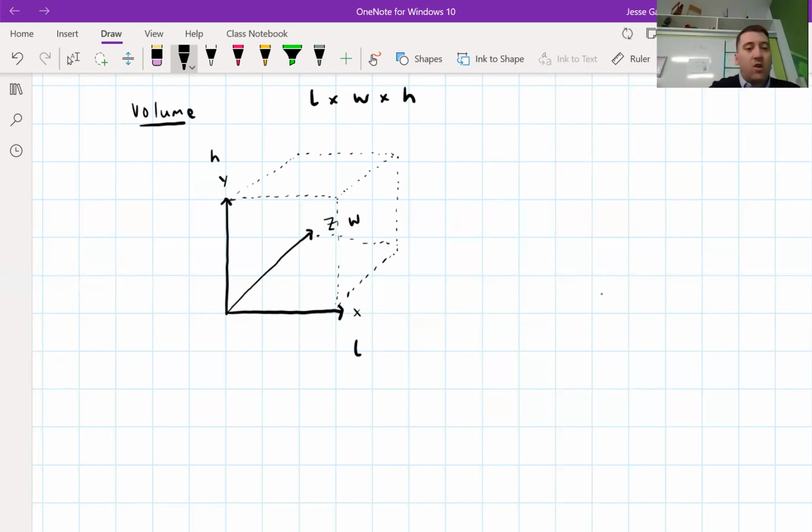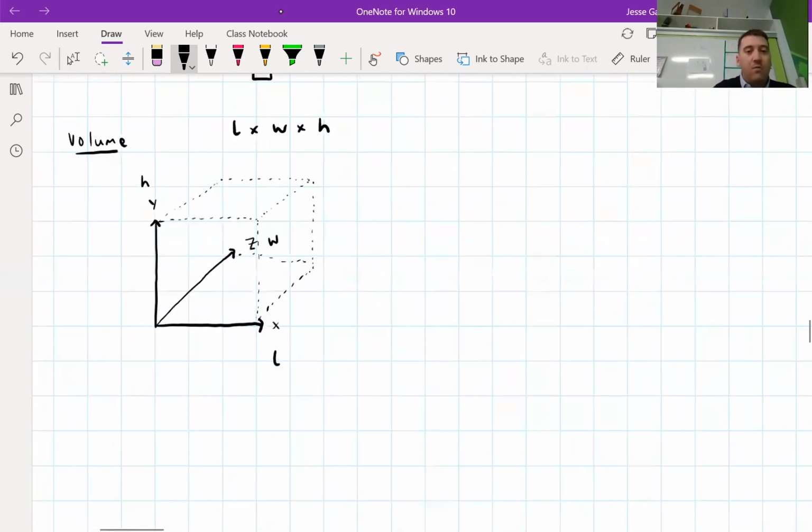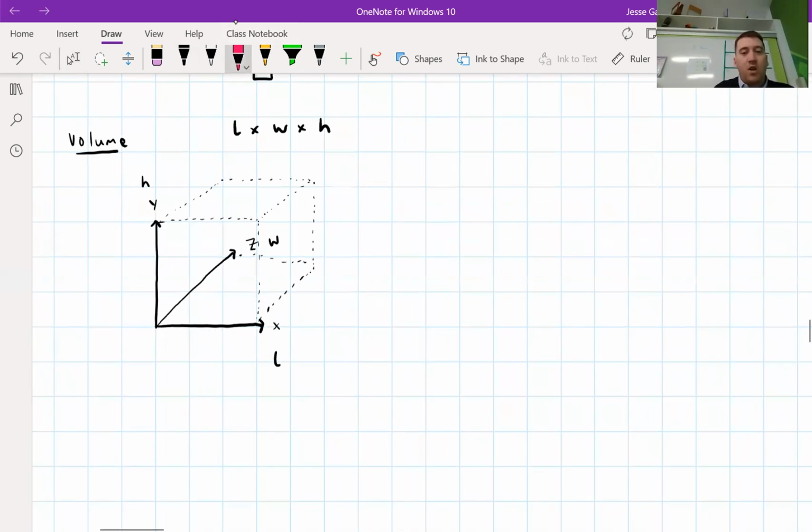So when we're talking about volume, that's what we're talking about: length, width, height. Now, the SI unit, or the standard unit for volume, is what we call the meter cubed. If we take this cube and go a meter in each direction, so the length, the width, and the height are each 1 meter, then we would have an SI unit of 1 meter times 1 meter times 1 meter.